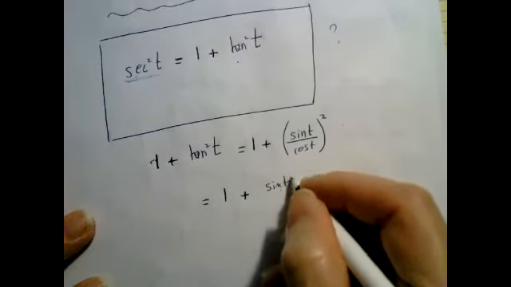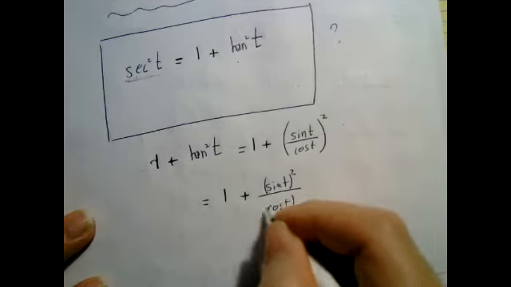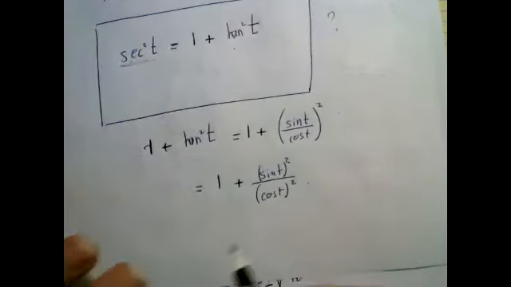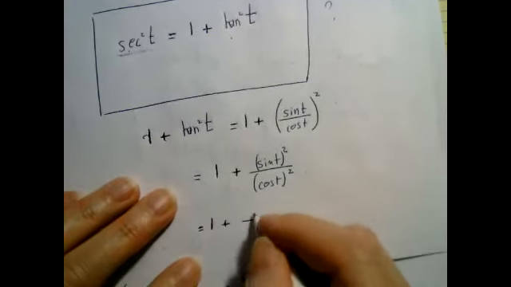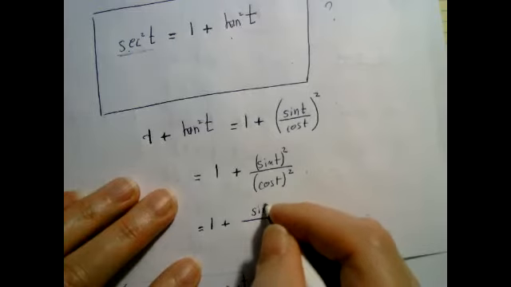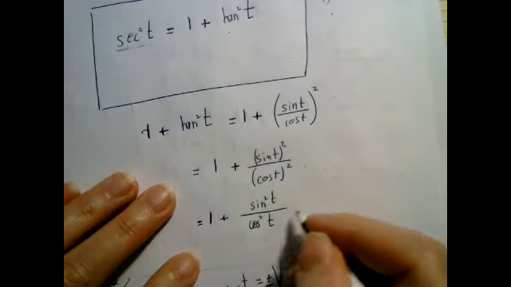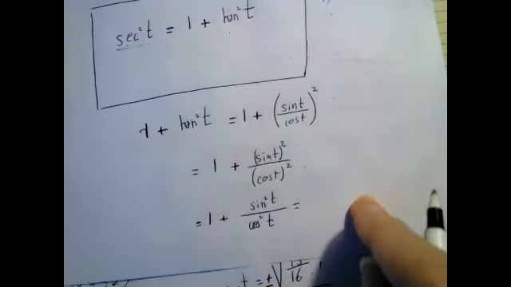So you end up with sine of t squared over the cosine of t squared. Okay. So this is going to be equal to 1 plus sine squared t over the cosine square of t. So I'm going to show you that if I take 1 plus tangent square, I'm going to get the secant square.